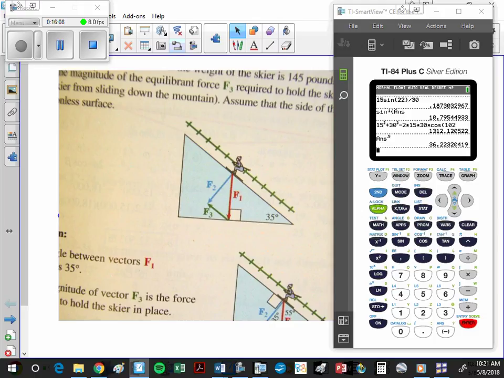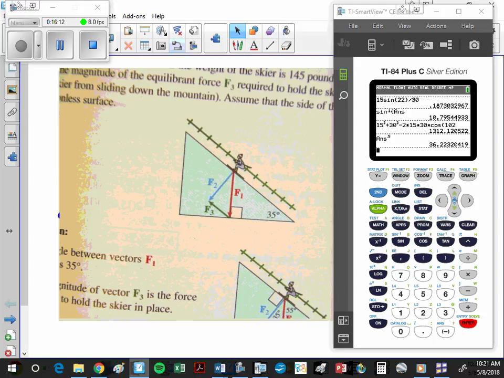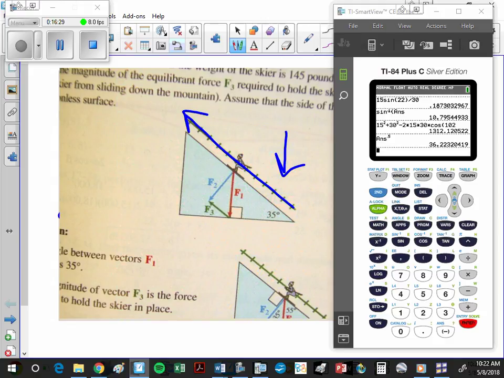So, gravity is forcing the skier straight down, right? And then it's kind of like a ski lift that you just hold on to. The ski lift is pulling him that way, but he is being pulled up the mountain, right?